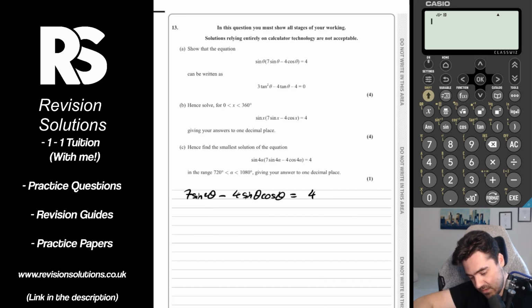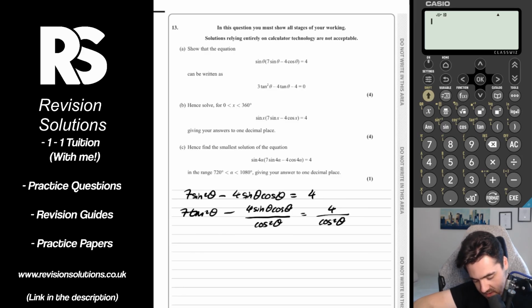And if I want to get tans involved, we're going to have to start dividing by cos, because tan is sine theta over cos theta. Or if I want a tan squared, we'll divide sine squared by cos squared. So dividing everything by cos squared, we'd get 7 tan squared theta here. And then we'd have minus 4 sine theta cos theta over cos squared theta equals 4 over cos squared theta.